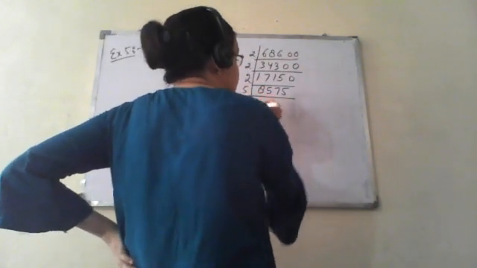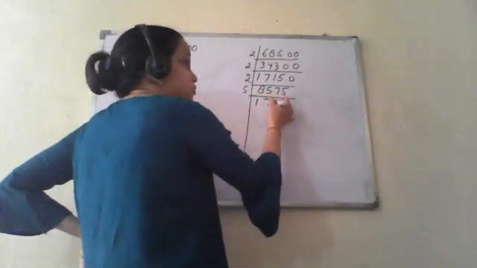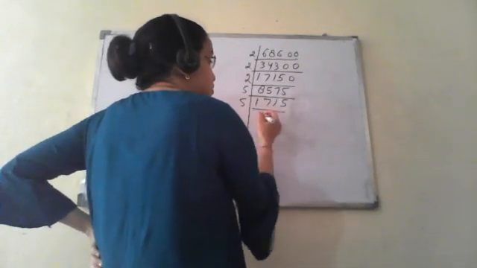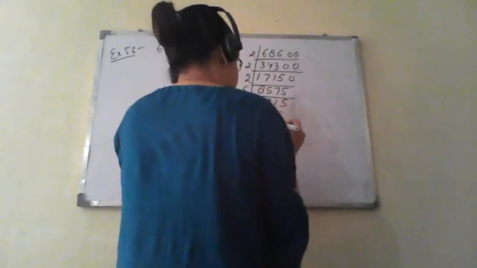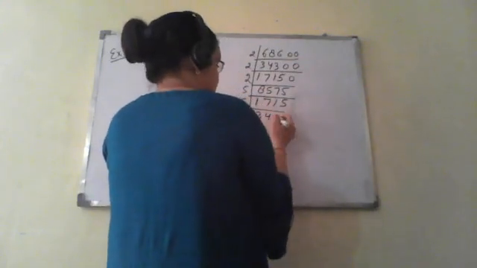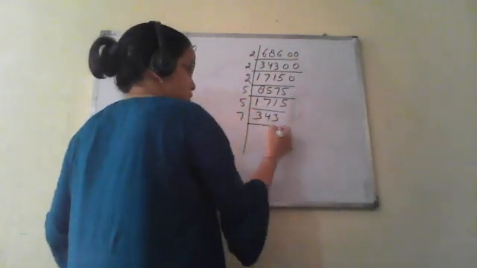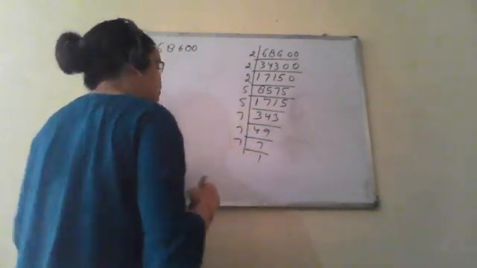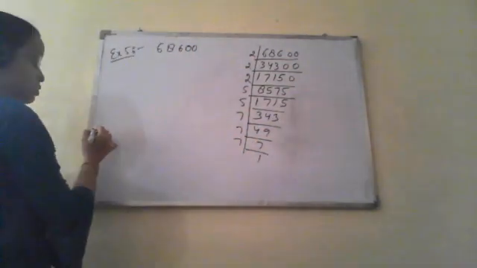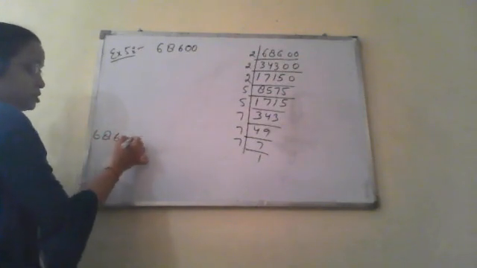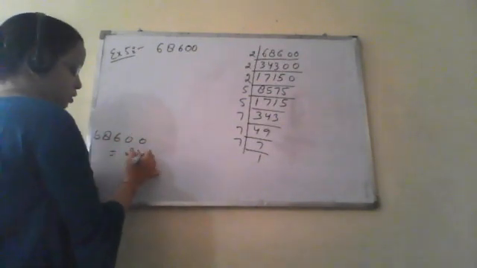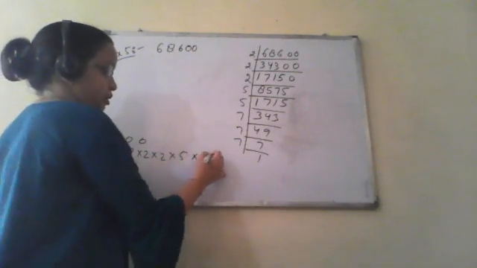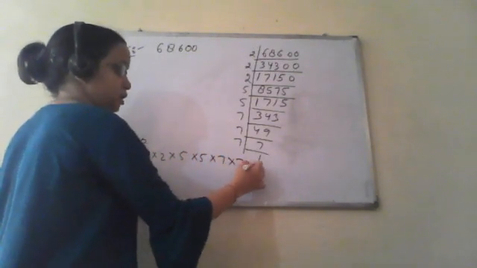This is 1715. This is 343. This is 49. Okay, so the prime factors of 68600 will include 2 into 2 into 2 into 5 into 5 into 7 into 7 into 7.